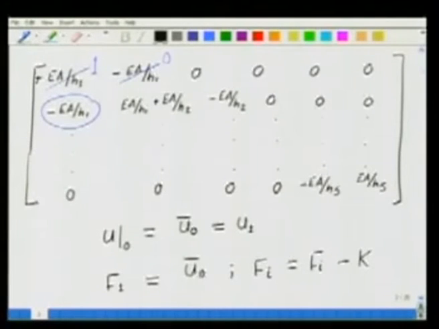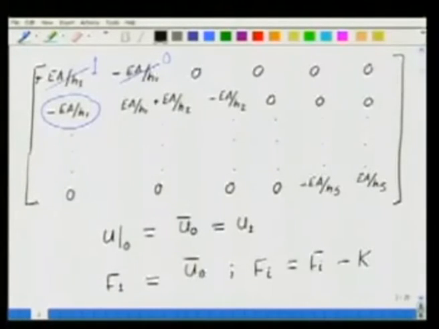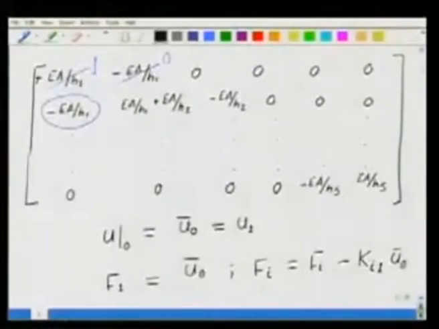Which entry are we looking for? The entry corresponding to U1 in that particular equation. So the row will be i, column will be 1, into U0 bar.